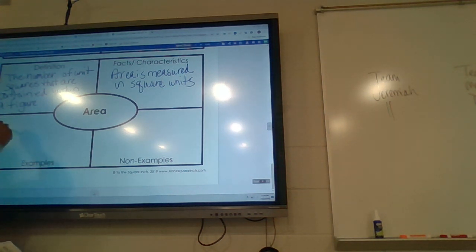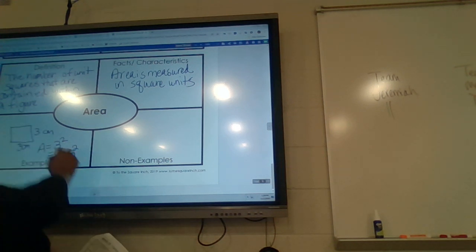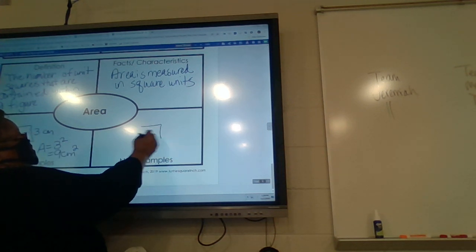Example would be like if I have a square and my sides are 3 centimeters, area is equal to 3 squared, which is 9 centimeters squared. So that's the inside. How much can you put inside? Now, and this is an example. This, well, it's supposed to be a square.